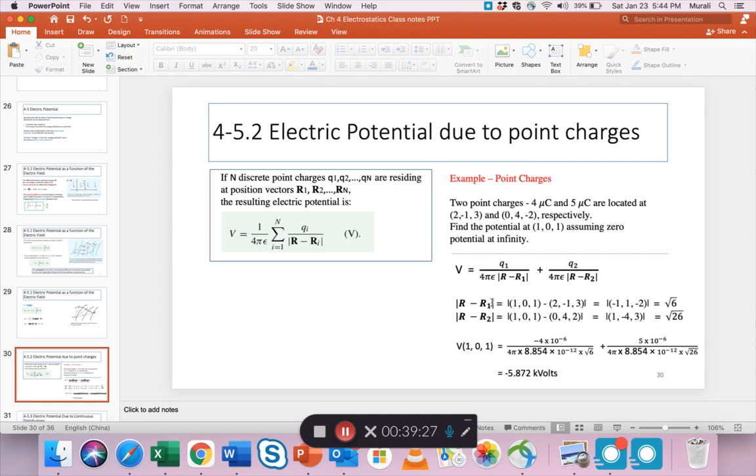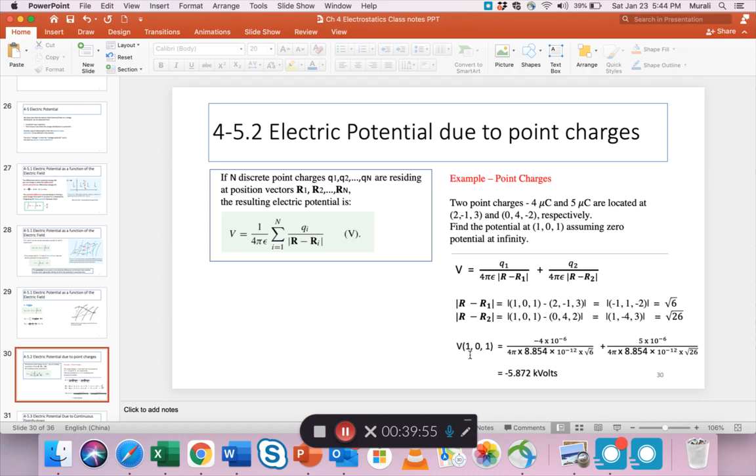Okay, and r is the vector from the origin to the point of interest (1, 0, 1), and r1 and r2 are the vectors from the origin to where the charges minus 4 and 5 are actually located, right? So once you know those 2 vectors, then you can do the difference and find the magnitude in this way. So this is a short form way of writing it, but I'm sure you know what this means.